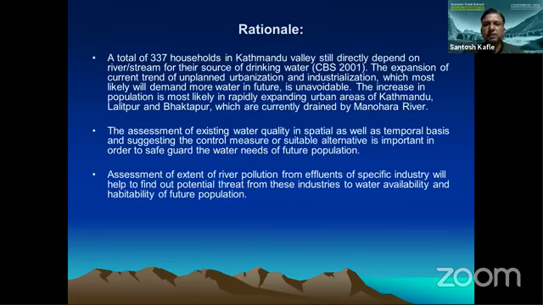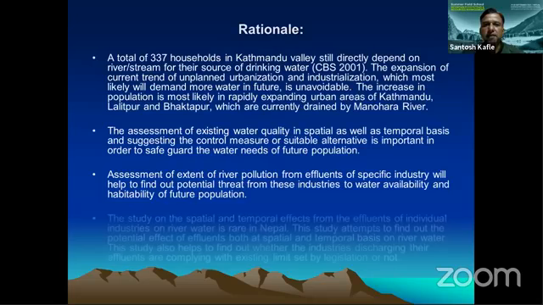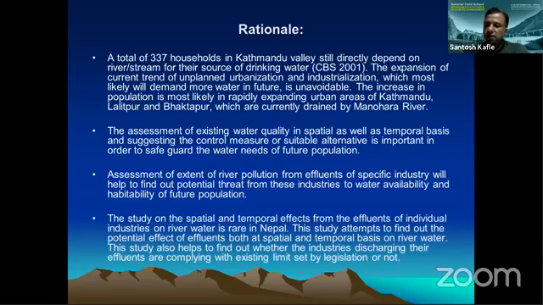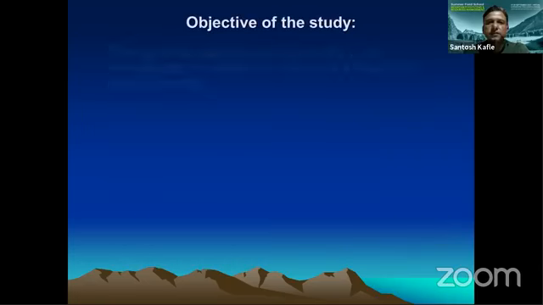The study of water quality is very important in terms of spatial and temporal aspects, and the study of water pollution from industrial discharge was then very rare, and this is one part of the work as a new research then.